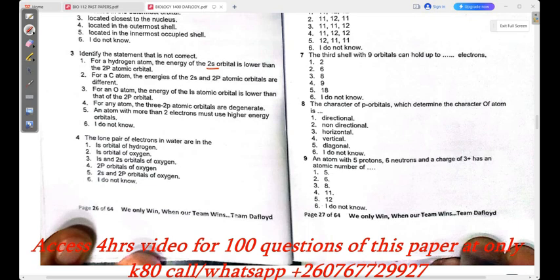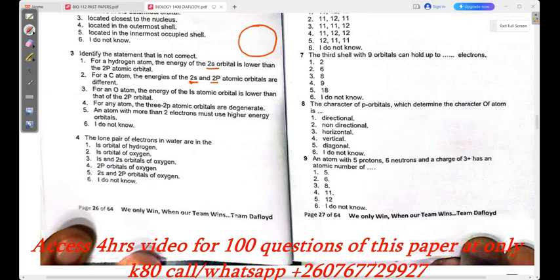Then 2 is saying, for carbon atom, the energies of the 2s and 2p atomic orbitals are different. Here, you can see that they both start with 2. What does this mean? It means that they are both in the second shell. Then we are saying that the energy of the 2s is different.